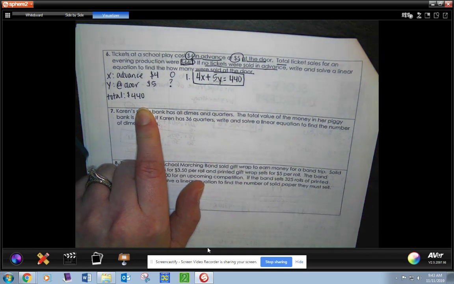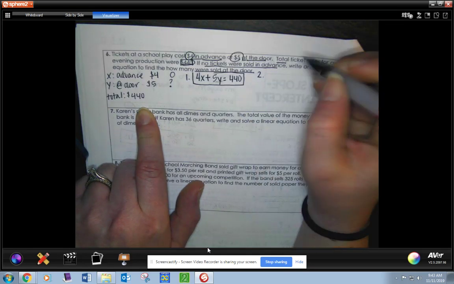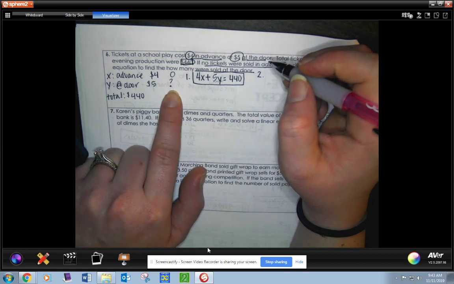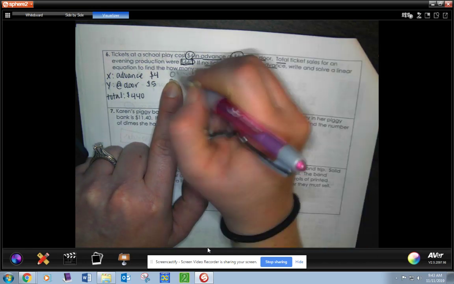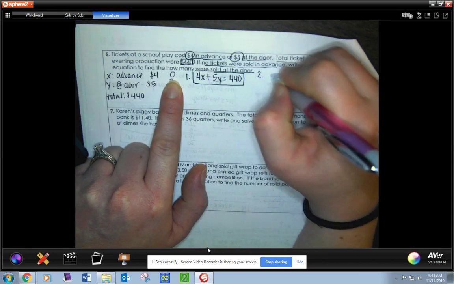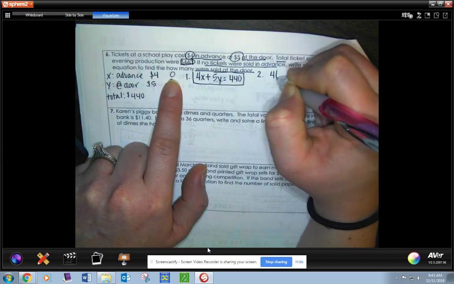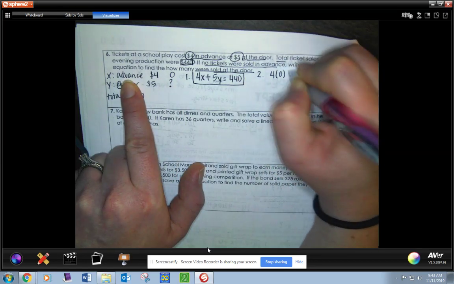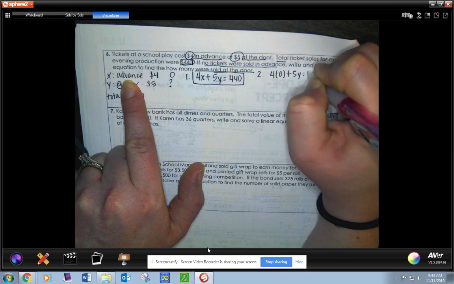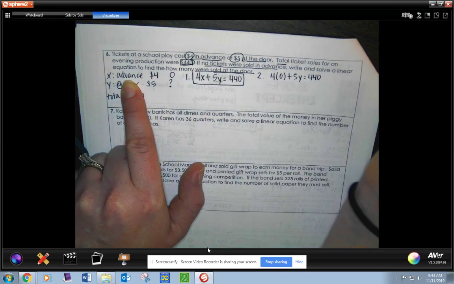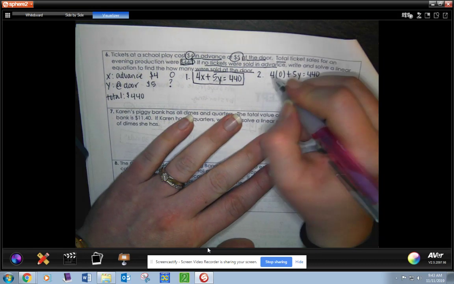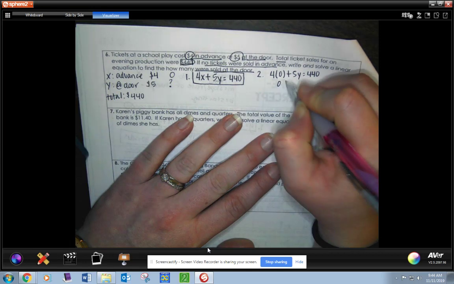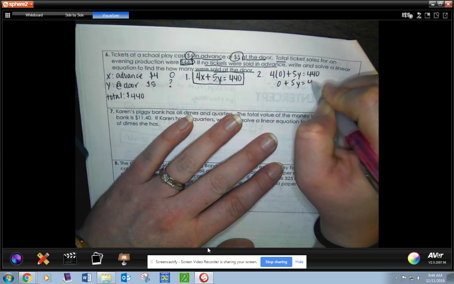Okay, step 2 is to take the piece we know, not the piece we're missing, and plug it into the letter it goes in. So we're going to do 4 times 0, since 0 goes with X, plus 5Y equals 440. Now, 4 times 0 is 0, so I have 5Y equals 440.